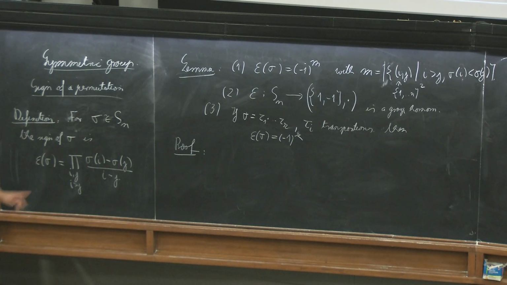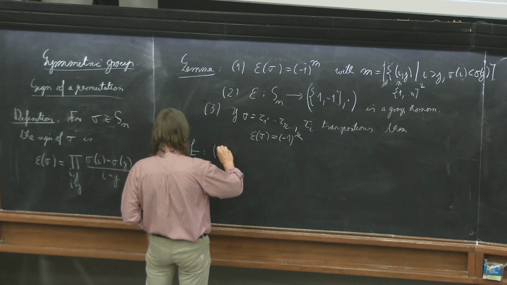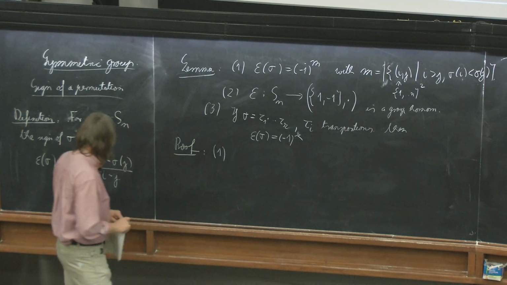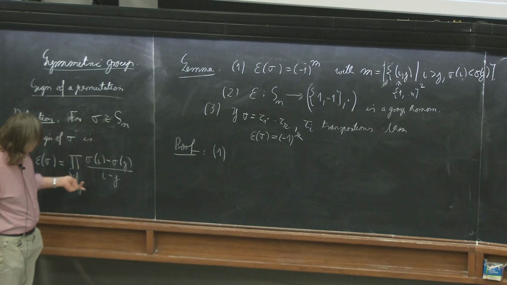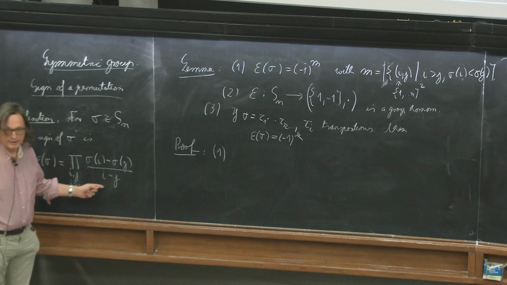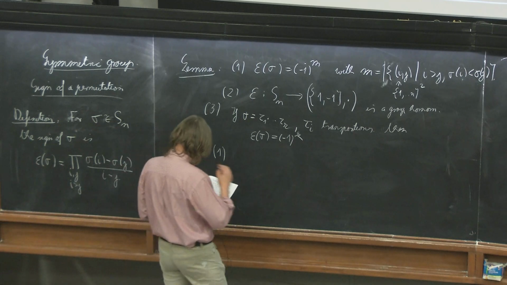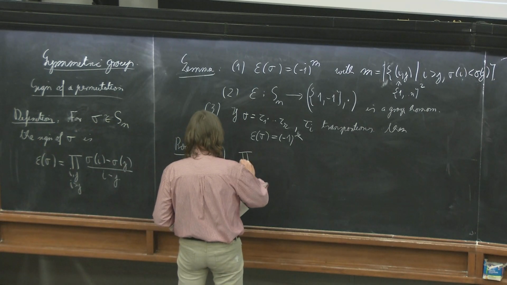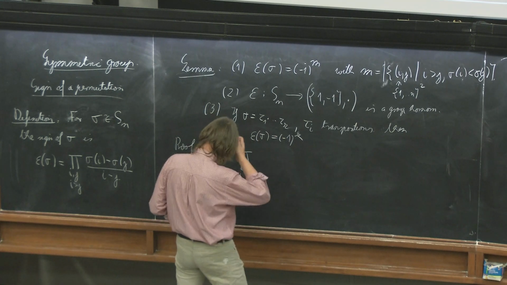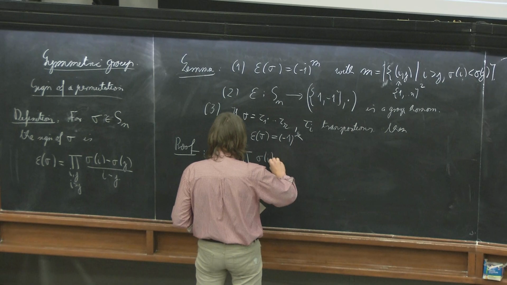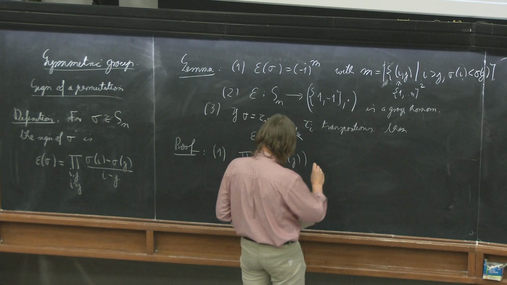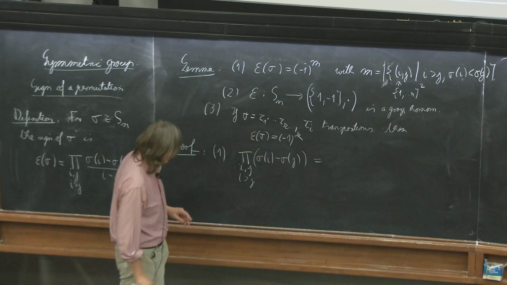So I want to prove the first part. I write down the numerator and reformulate it in such a way that it becomes plus or minus 1 times the denominator. So if I take the product of all pairs i, j such that i is bigger than j, of sigma(i) minus sigma(j), now I can divide this into two halves.